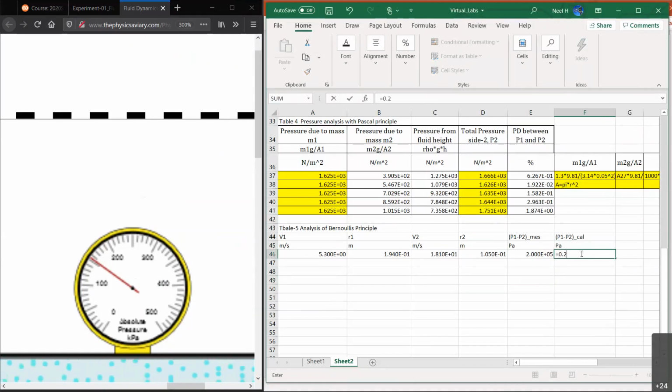Equal sign, 0.5 for the half, multiplied by 1000 for the water density, multiplied by parentheses, V1 squared minus V2 squared, taking the square of each number.